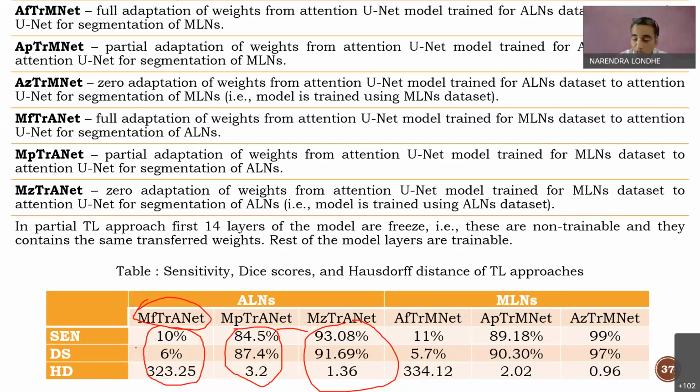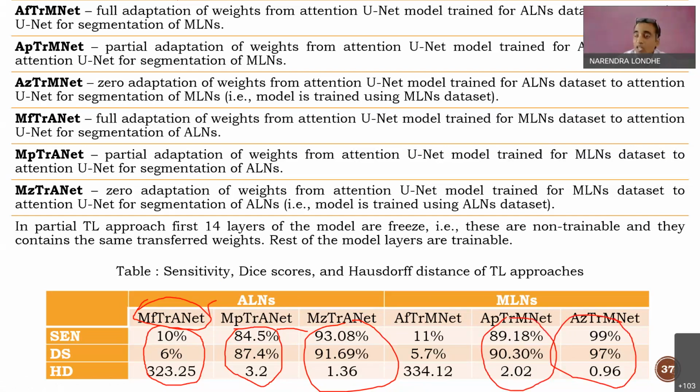Okay, a similar thing we also observed in the abdominal lymph node detection. Yes, this is where I am doing the mediastinal lymph node testing against the mediastinal lymph node training.